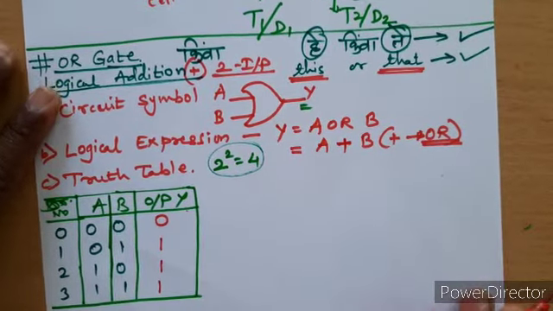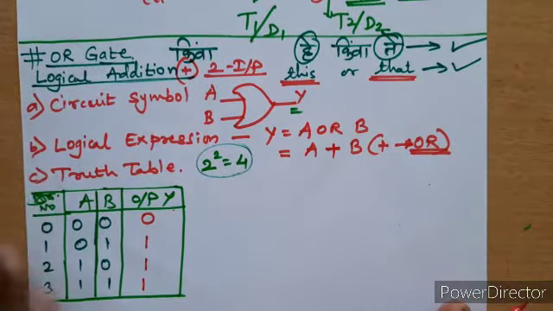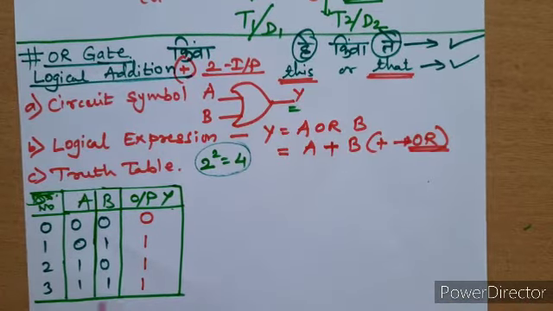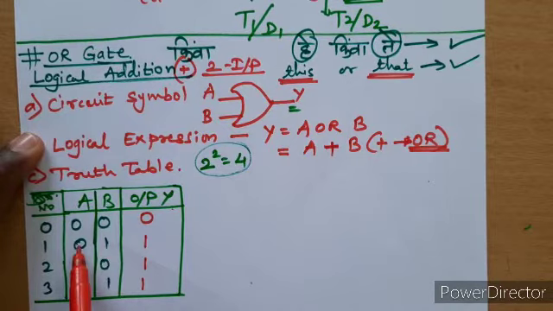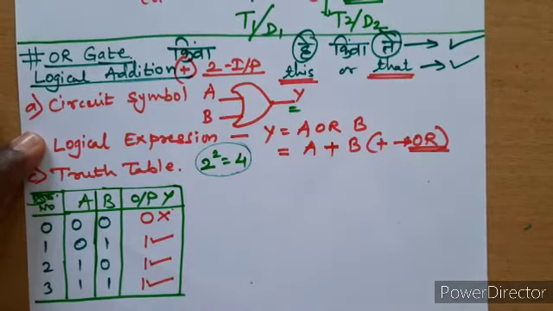It's not 2. So this is not binary addition. This is logical addition. You have to remember very carefully for this OR gate. हे किंवा हे आहे ना, मग आउटपुट आहे. दोन्हीपैकी दोन्ही आहेत पण कमीत कमी एक आहे, आउटपुट आहे. इथे काहीच नाही आहे, आउटपुट नाही आहे.